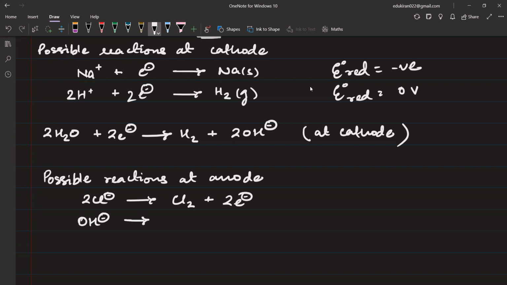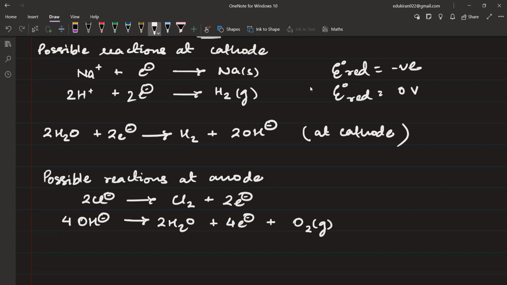Now OH negative, with 4 OH negative, I am going to get 2 H2O plus 4 electron plus O2 gas. Okay, so this is the reaction that can happen when we are having OH negative.